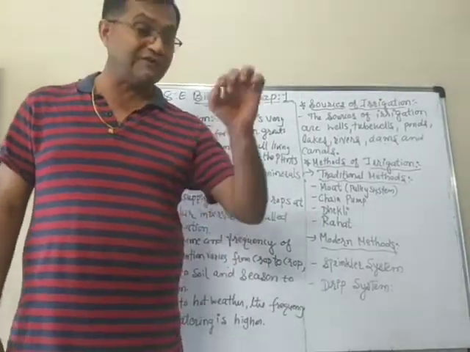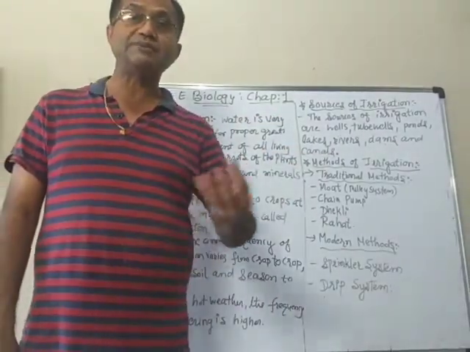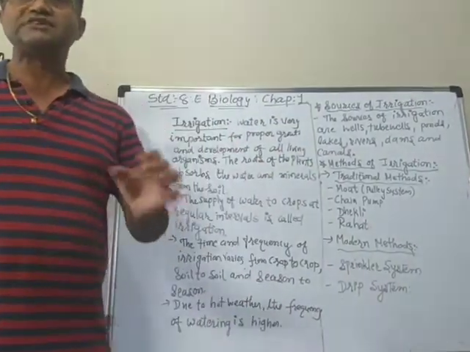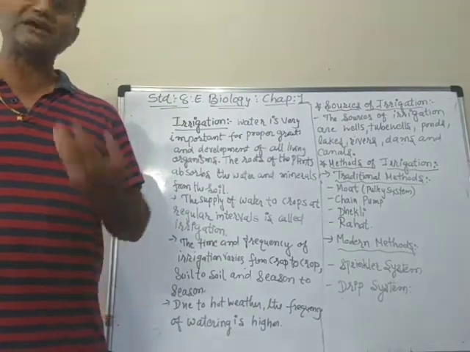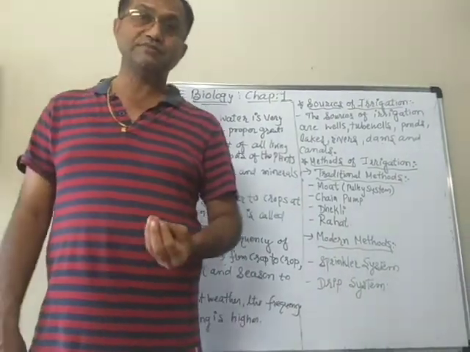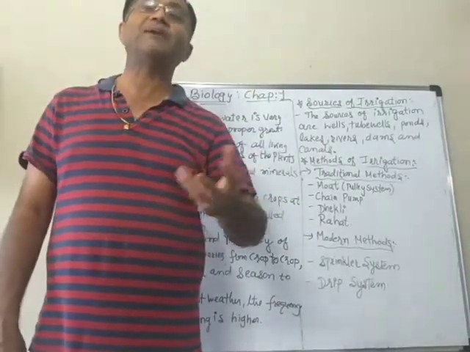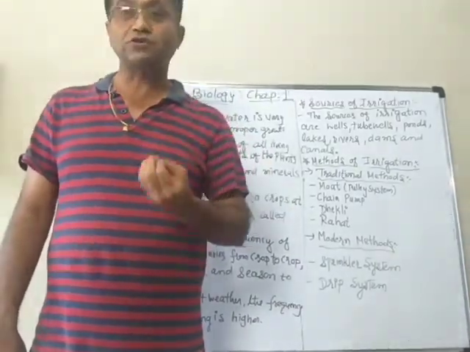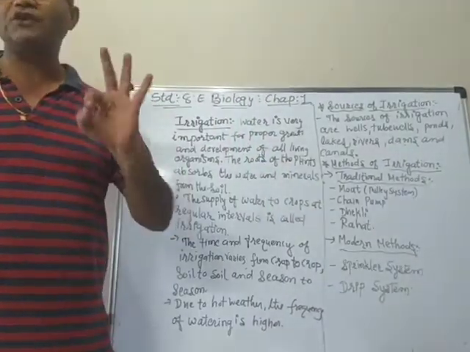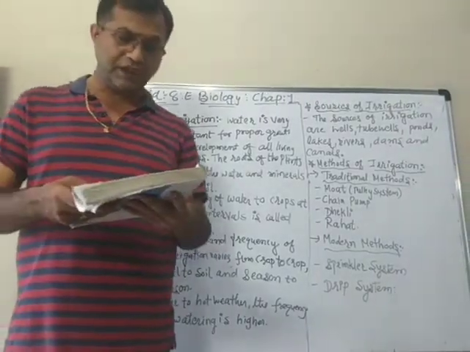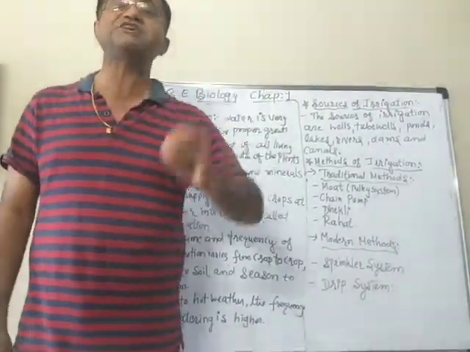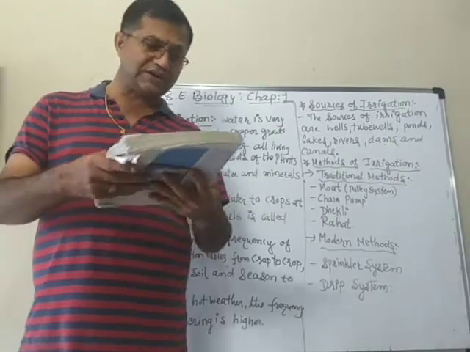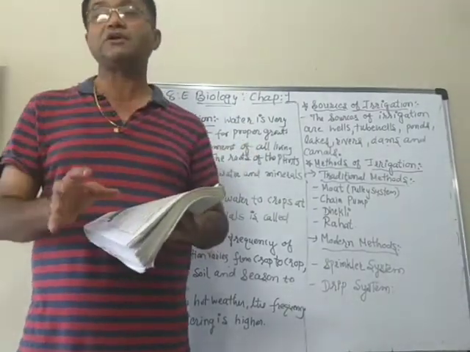First of all, when we sow the seeds, if there is no water, seeds cannot germinate. And if seeds cannot germinate, then how will the new plants come out from those seeds? So for the germination of the seeds, water is very, very important.